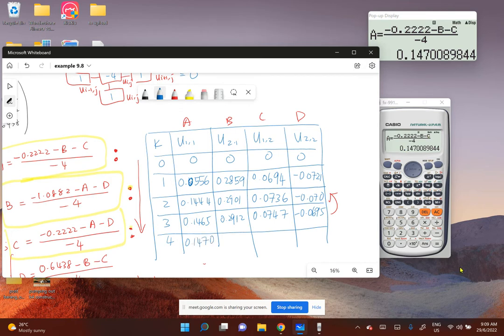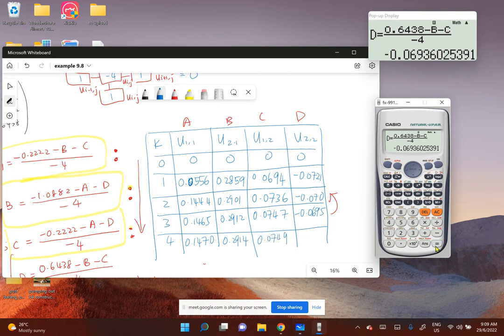Press equal, and then get the new A: 0.1470. Press equal to 0.2914, equal to 0.0749. Press equal to negative 0.0694.